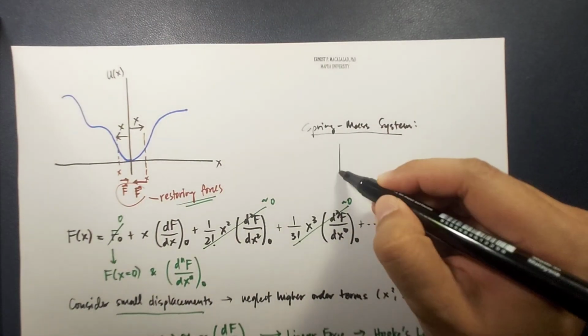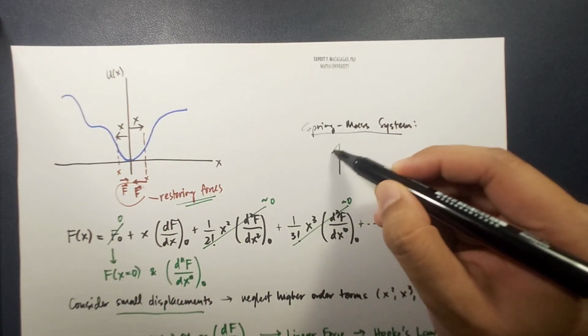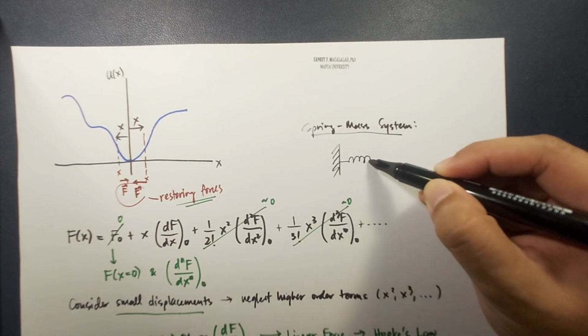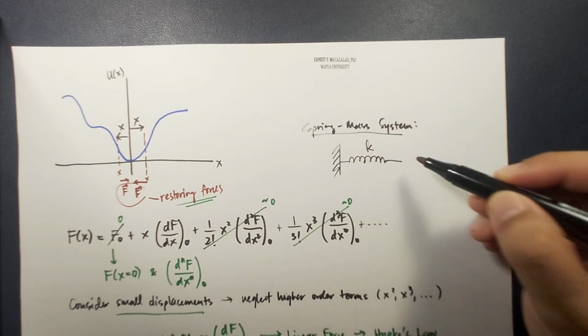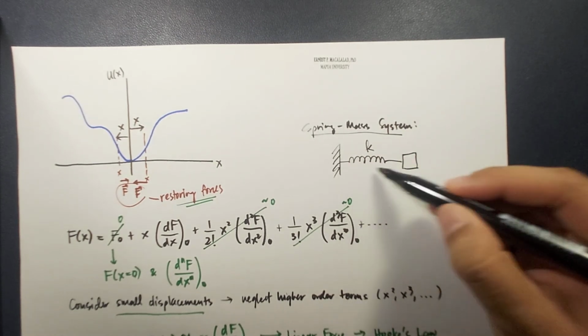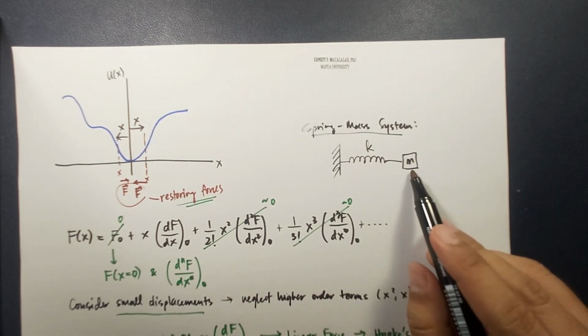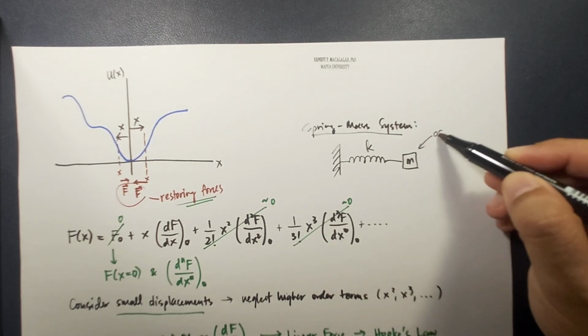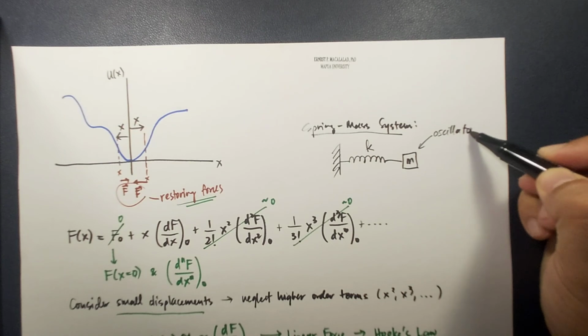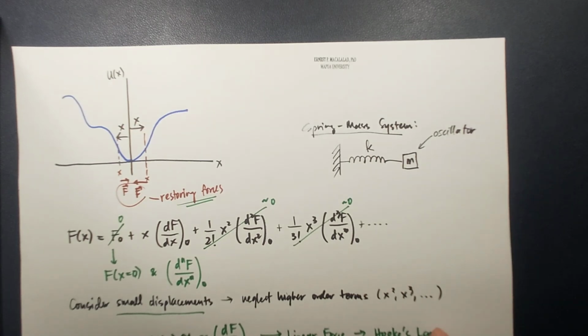It consists of a spring. In this case, the k here will be the spring constant k, and this spring is connected to your particle, where the particle, or the mass, is what we call our oscillator. Okay, so that's all for now.